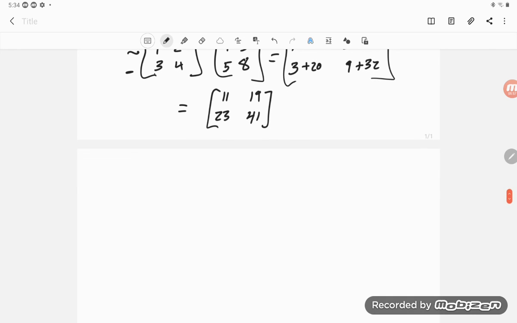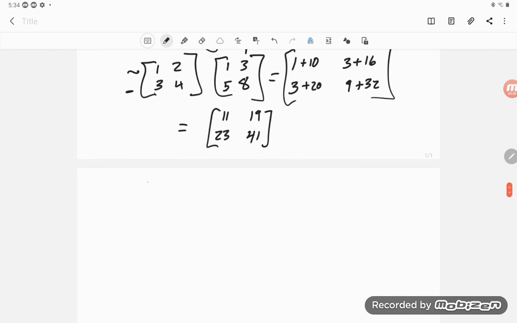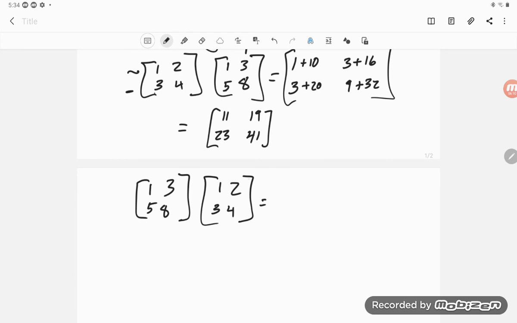Now let's turn it around. So we had 1, 3, 5, 8 times 1, 2, 3, 4. And now when we do this, we have 1 times 1 is 1, 3 times 3 is 9. Right away we get a different number there.